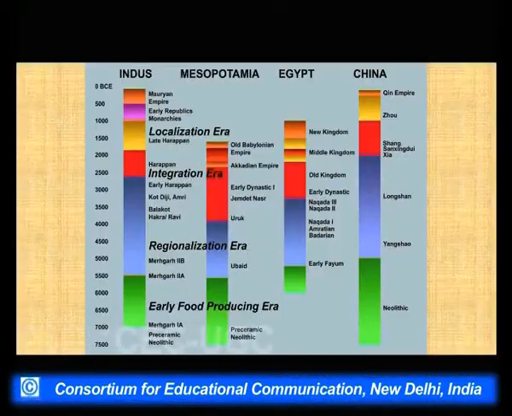All right. Now, to give you an idea as to where we stand in terms of cultures and civilizations in the world as well as in the Indian context, we will see that almost all of them are contemporary. Some start a little earlier and finish a little earlier, and some, like China, are almost contemporary to India.